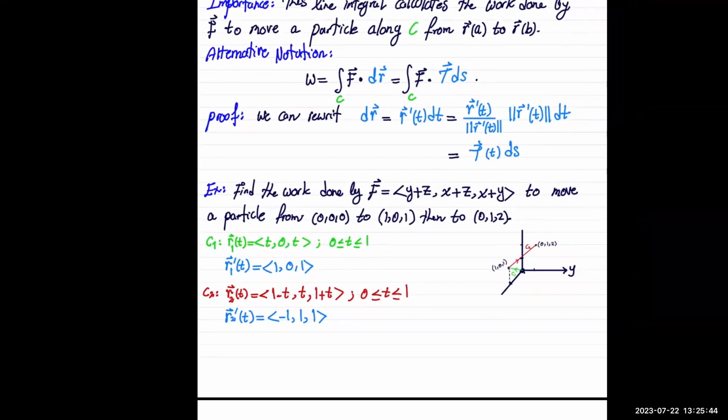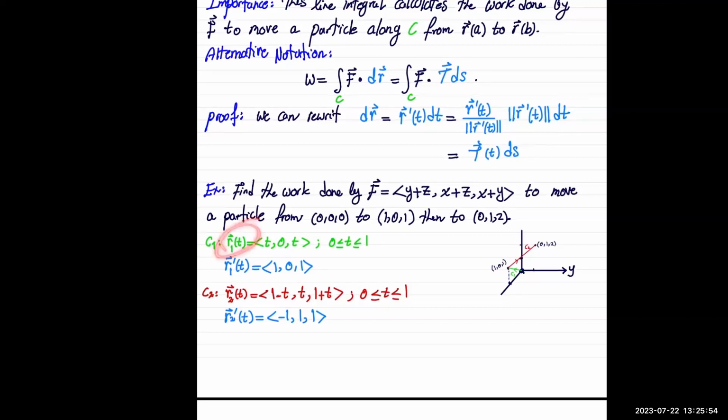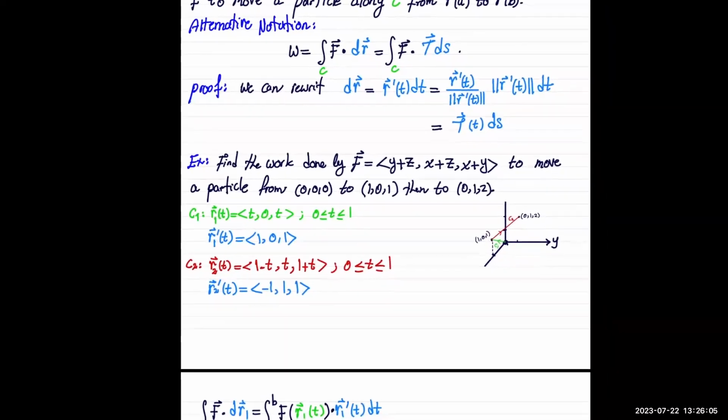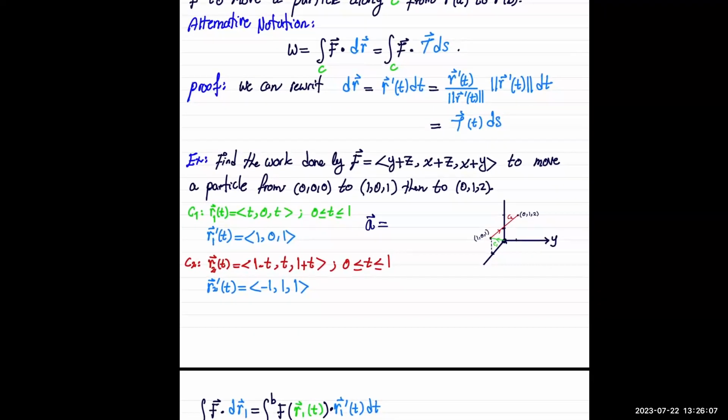we need the line, which is given by the function R, I'll call that R1 of t. So remember again, we're going to need the parallel vector. So what is the parallel vector? The parallel vector is the vector from the first point to the second point.